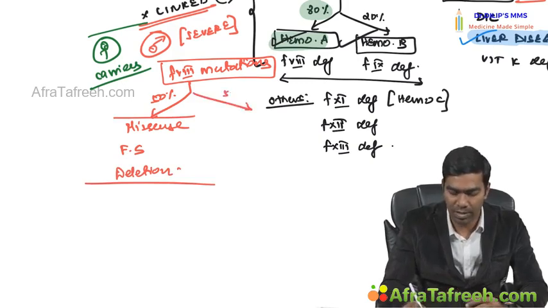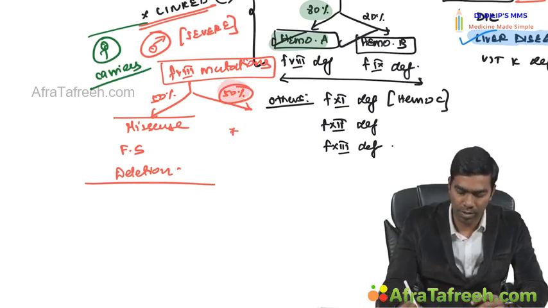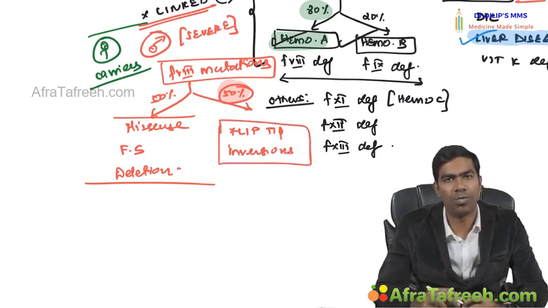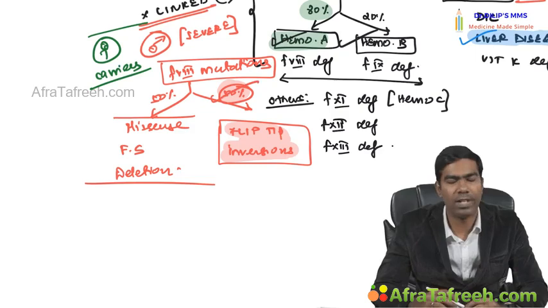The remaining 50% is going to be contributed by one specific and characteristic type of mutation called flip tip inversions. This flip tip inversion type mutation is so characteristic for factor VIII deficiency in hemophilia A, and these contribute to almost 50% of the mutations of factor VIII.